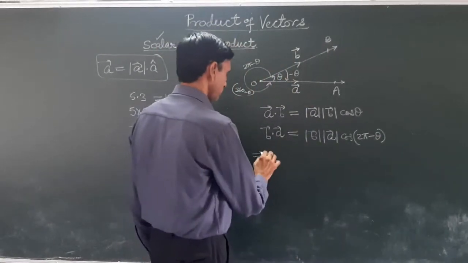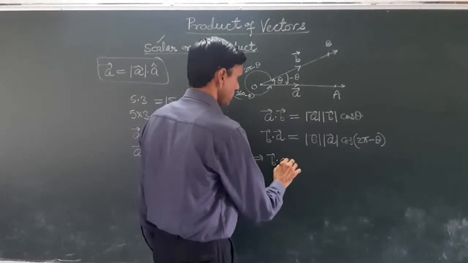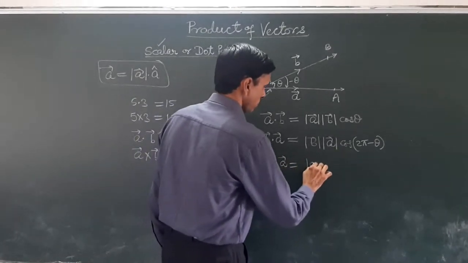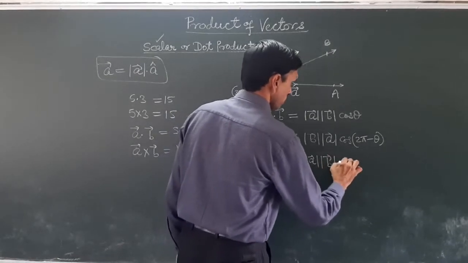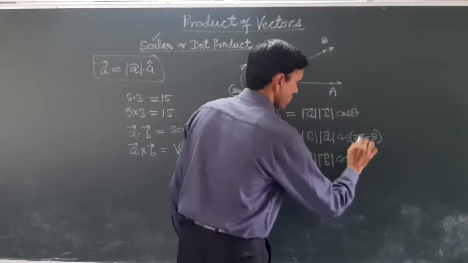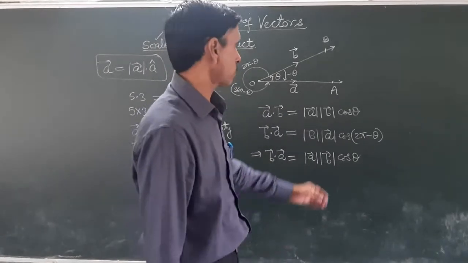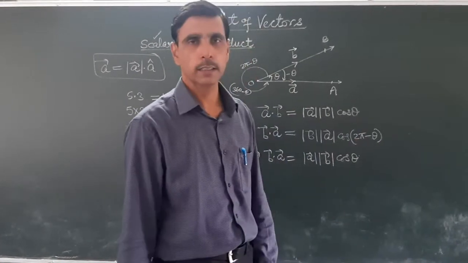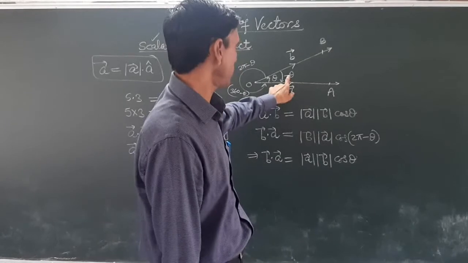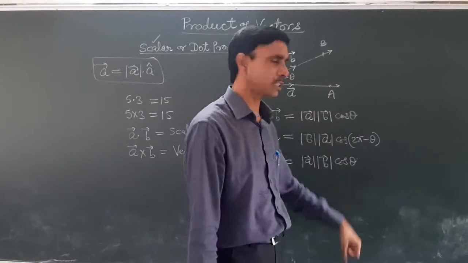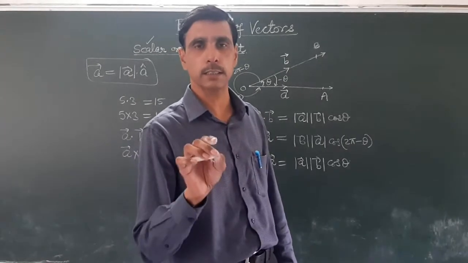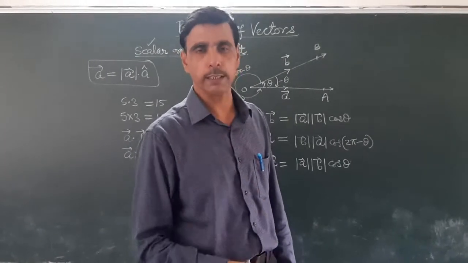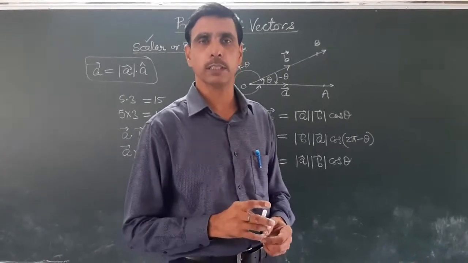And what is cos 2 pi minus theta? This is also cos theta. Cos 360 minus theta, cos theta. Suppose you take negative angle, cos minus theta, that is cos theta. Negative angle is considered in the fourth quadrant, and in fourth quadrant cos is positive.